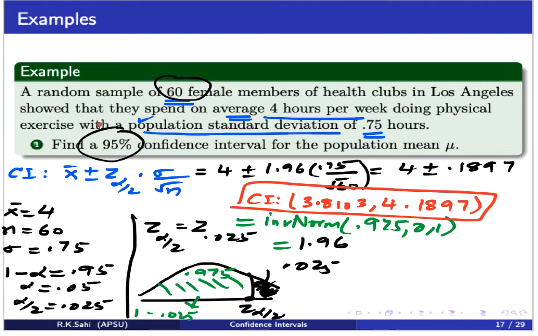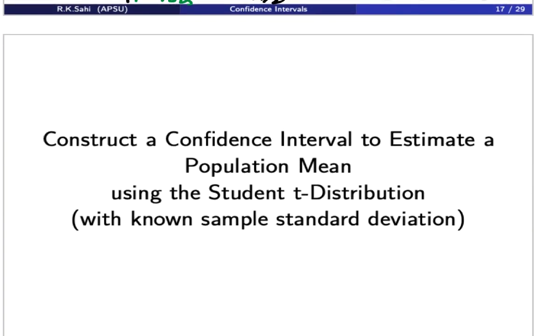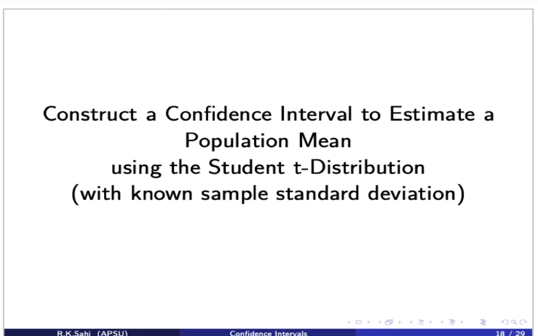Now, this was doing problems with population standard deviation. But in reality, when we do not know the population, can we even figure out the population standard deviation?